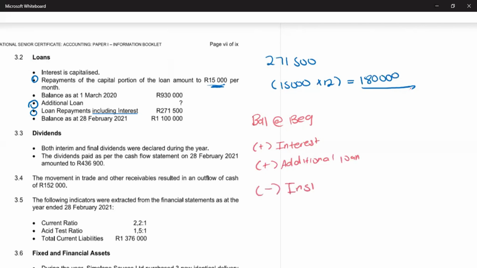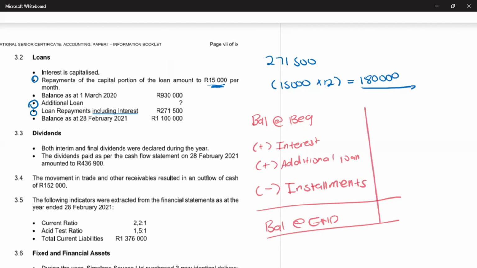These are my total installments, by the way. They include interest. This would be equal to my balance at the end. This is the same format as your ledger account, but I don't like using ledger accounts. Here, what is it that I need to calculate? I need to calculate this amount, additional loan.